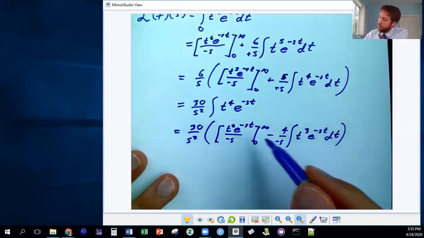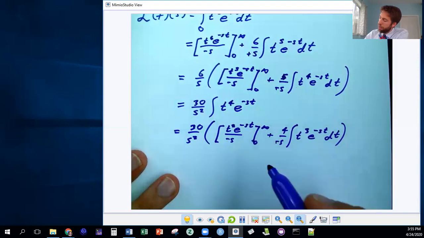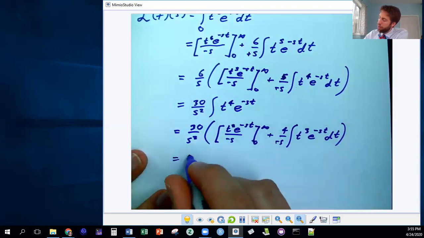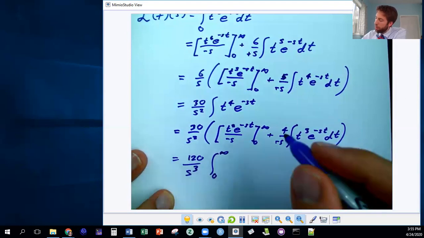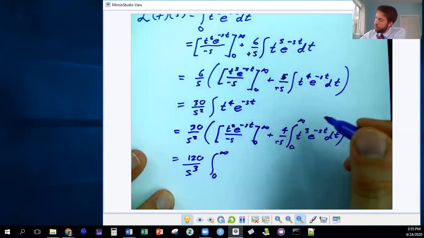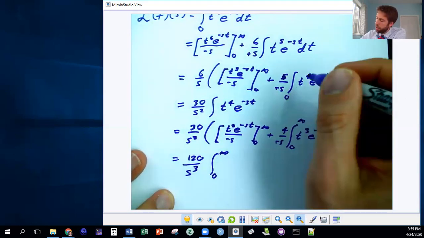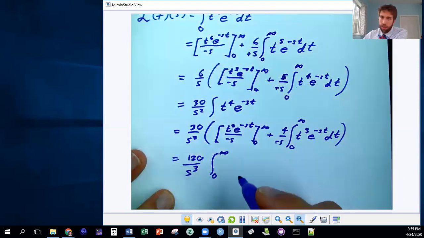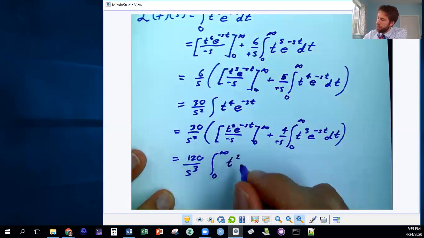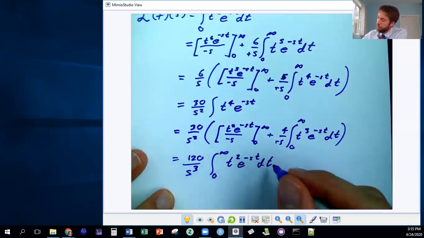Okay, that's 0. Negative and negative is positive. So 4 times 30 is 120 over s cubed times integral from 0 to infinity, which I might have forgotten in some of these. 0 to infinity of t squared e to negative st. We're getting there, dt.